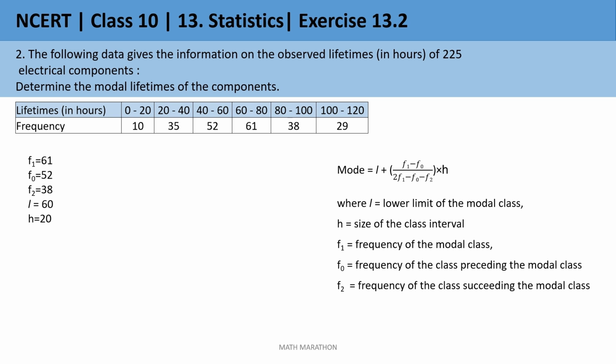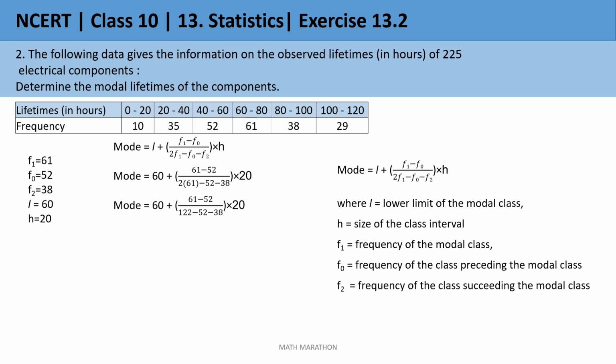Now, we have sufficient information to calculate mode. Formula to calculate mode is L plus (F1 minus F0) divided by (twice of F1 minus F0 minus F2) multiplied by H. Mode is equal to L, which is 60 plus F1 which is 61 minus F0 which is 52 divided by twice of F1 which is 61 minus F0 which is 52 minus F2 which is 38 multiplied by H which is 20.